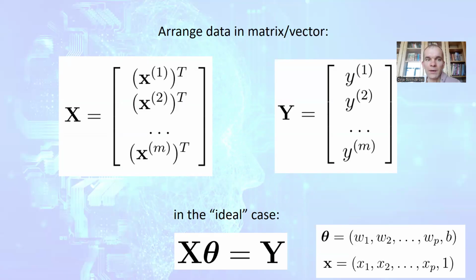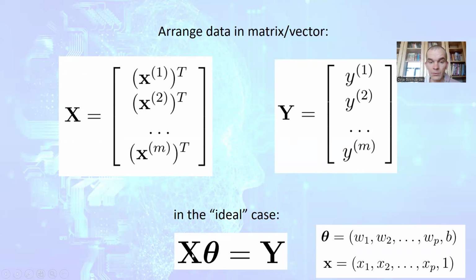We make one big matrix X, the rows of which are the transposed feature vectors. So vector x1 transpose is the first row of this matrix, the second feature vector is the second row, etc. We have m n-dimensional vectors, so the dimension of matrix X is m by n. And vector y constitutes all our target values, all the labels.